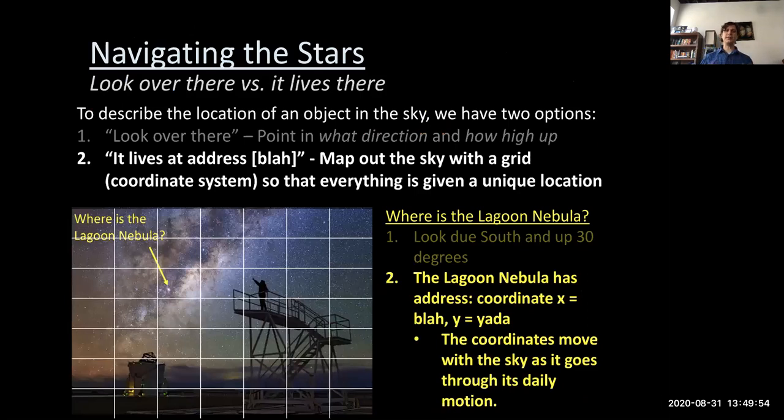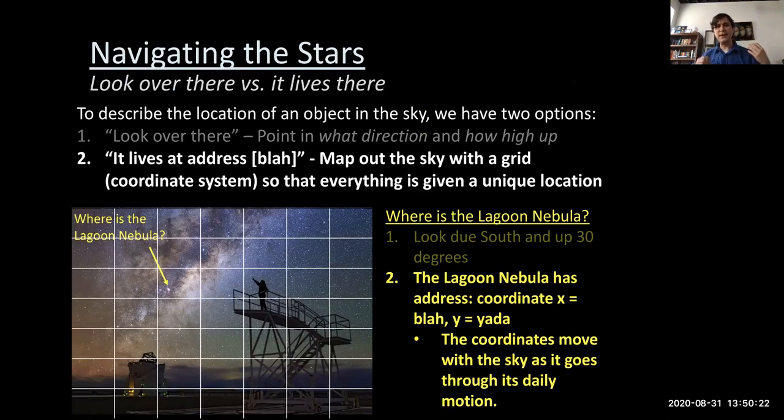And that's why we have this slightly more complicated coordinate system, where the Lagoon Nebula lives at this address, this XY coordinate. It has this place in the sky, and that will fix everything in the sky, like the constellations, the background stars appear fixed. So we can navigate that way, and we can give everything its local address, a local coordinate that says, hey, all the stars live here.